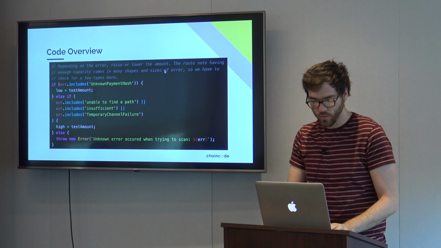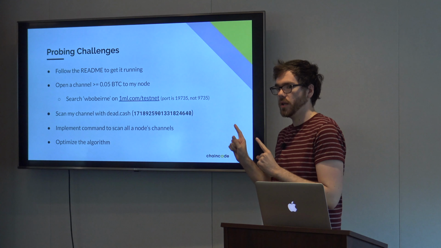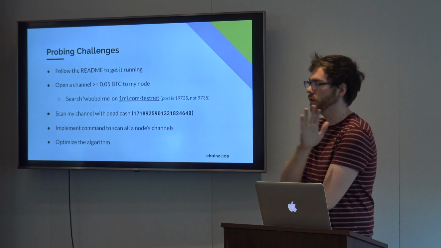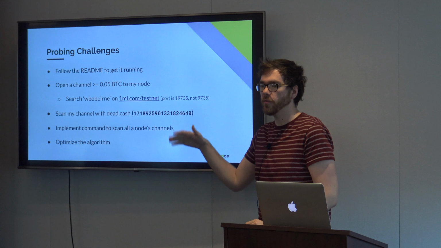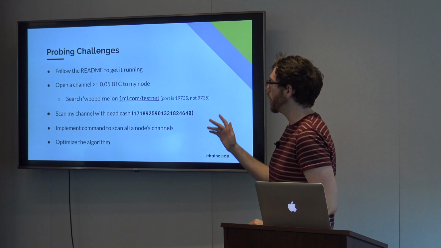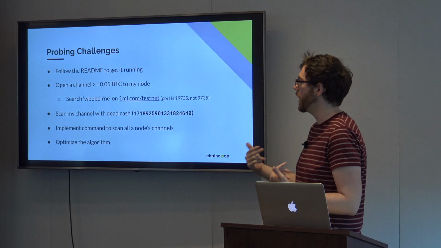So what I want you guys to do is follow the README in the repository. You can either do the Node or the Python version; they're identical. Hopefully you did this before. I asked y'all to do this a couple days ago, but you have to open a channel of greater than or equal to 0.05 Bitcoin to my node.